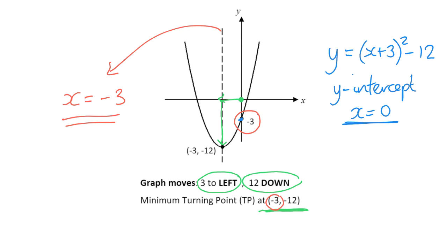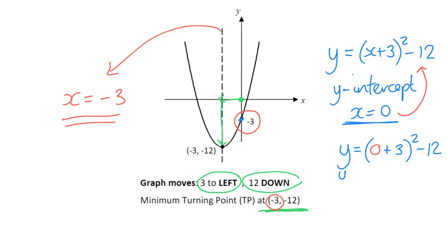So at x equals 0, if we substitute x equals 0 into the original equation, what we have is y equals, let's do it in red so we can see, 0 plus 3 squared minus 12.